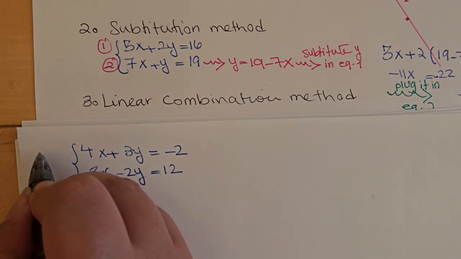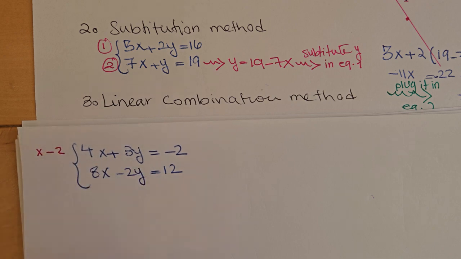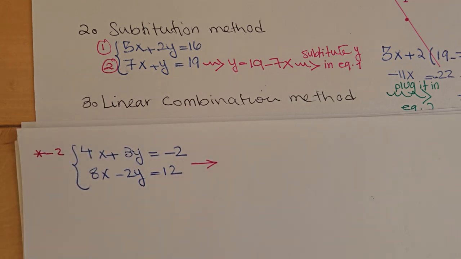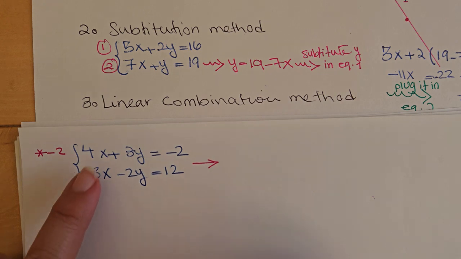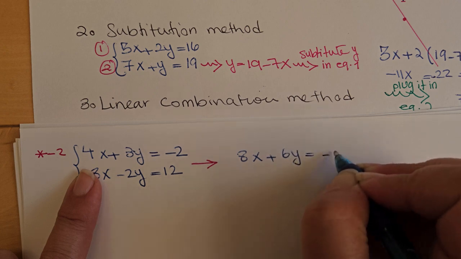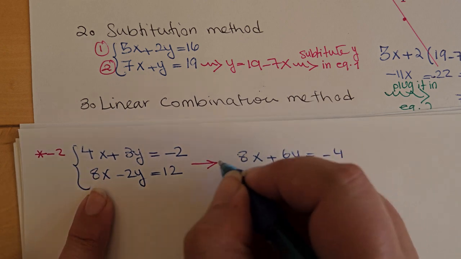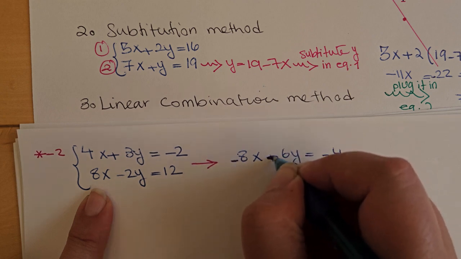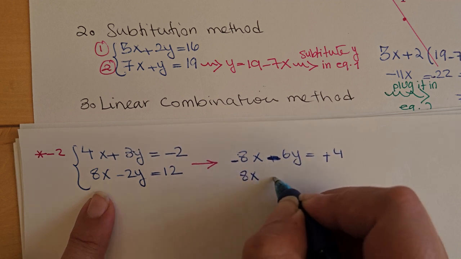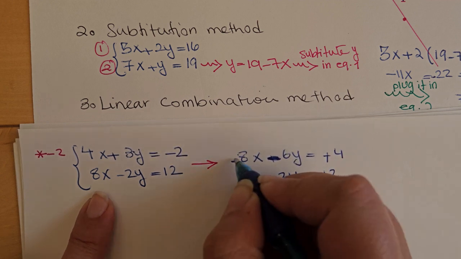So I multiply the top equation only by negative 2, then it turns into, and remember, when you're multiplying or dividing by a number, whatever you're doing to an equation, you should do exactly the same thing to both sides of the equation. So this will turn into 8x plus 6y equals negative 4, and it's negative, so it's plus 4, and then I have 8x minus 2y equal to 12, right?